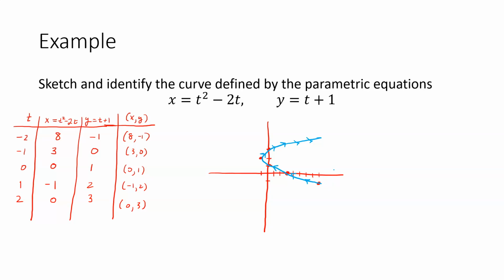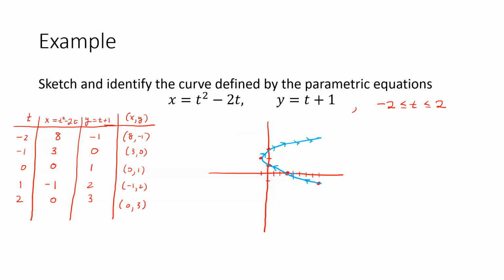And in this case, we didn't give any restriction on t, but that could also be something that's indicated. For instance, if I put the restriction negative 2 to 2, well, those would be the points that we graphed here.